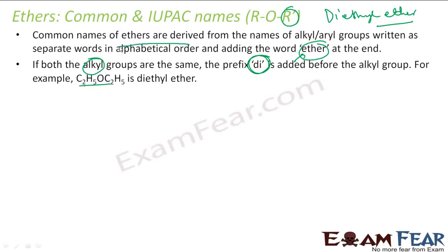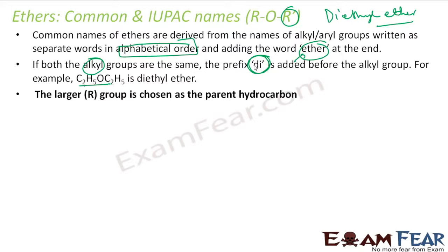Please note here also we follow alphabetical order for writing this. For example, methyl ethyl: first we write ethyl and then methyl. The word ether has to appear last, and if both are the same, we use the word di. We'll take some examples to explain our concept.